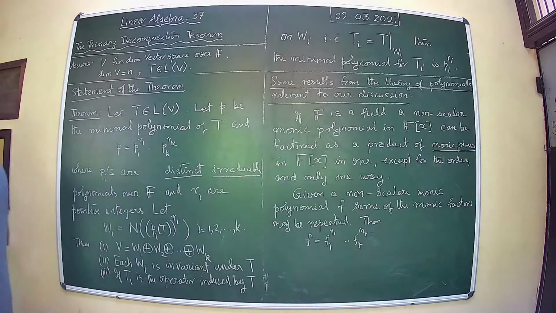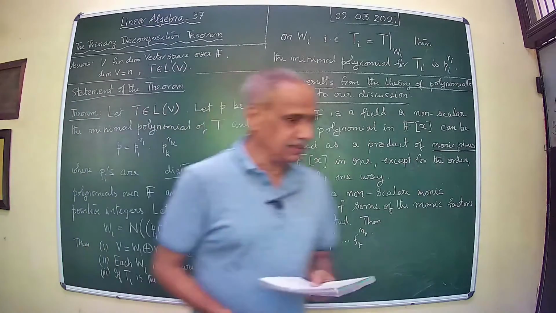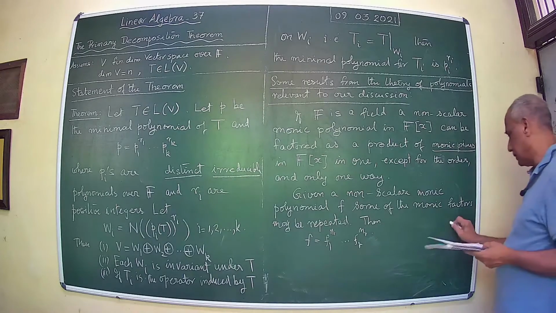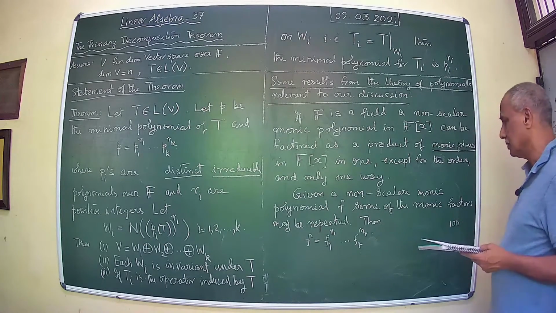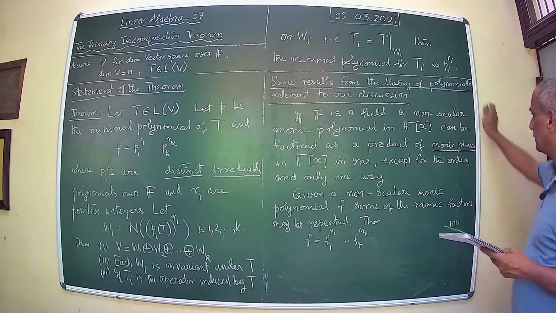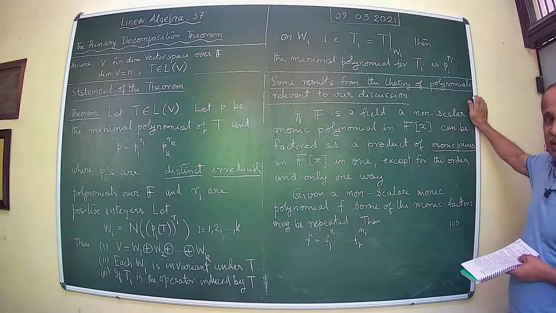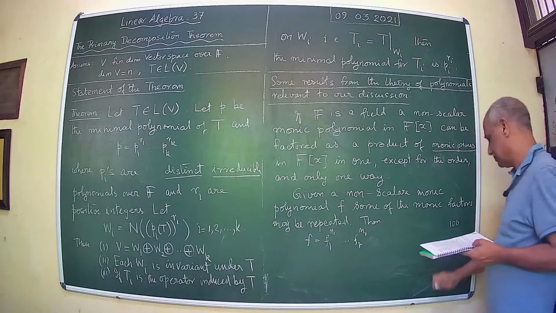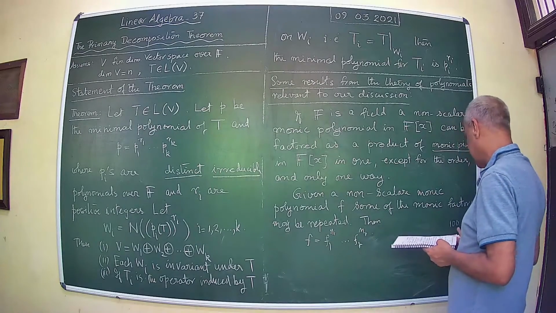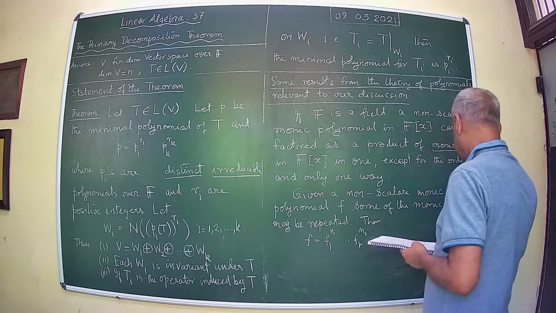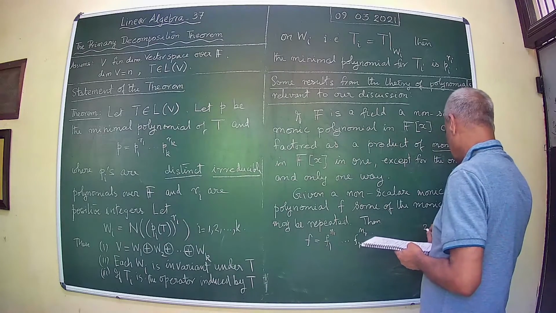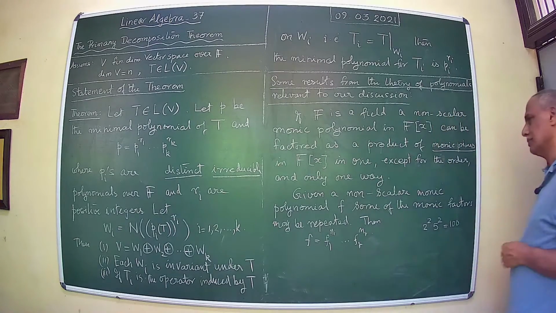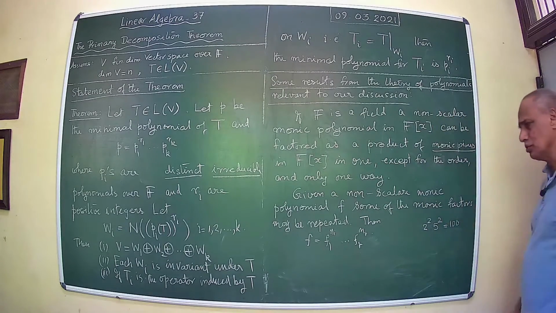This is something like, suppose you have some number like 100. Suppose you want to write it as a product of prime numbers. How does it come? You can write this as 2 square into 5 square, or as 5 square into 2 square.